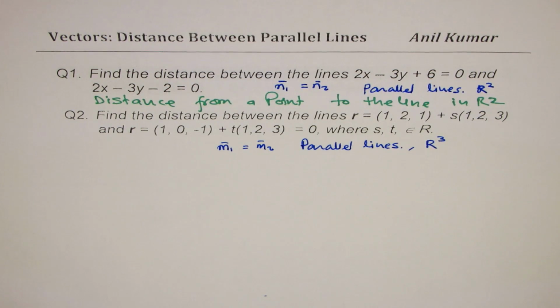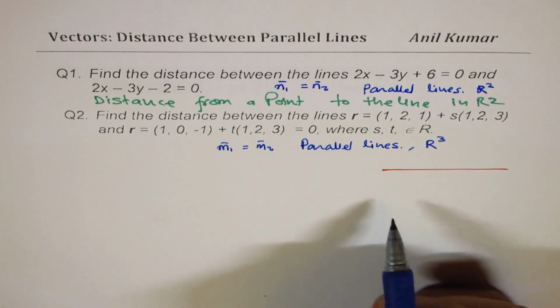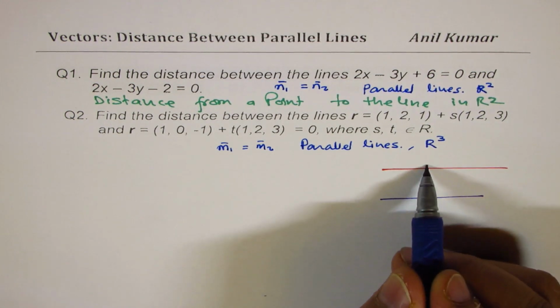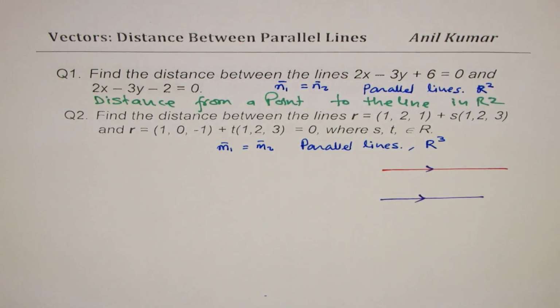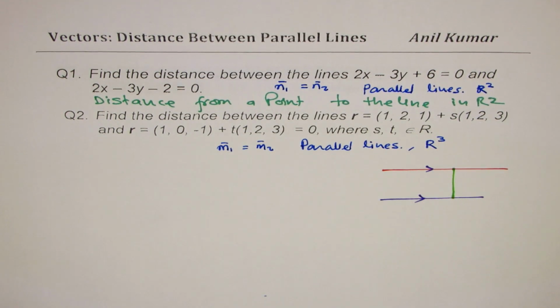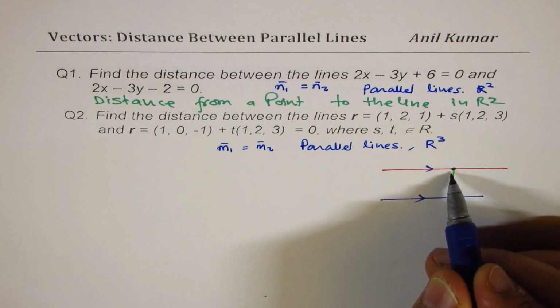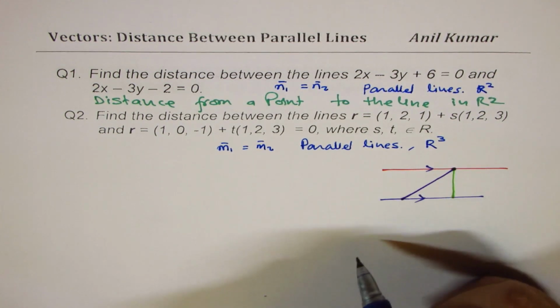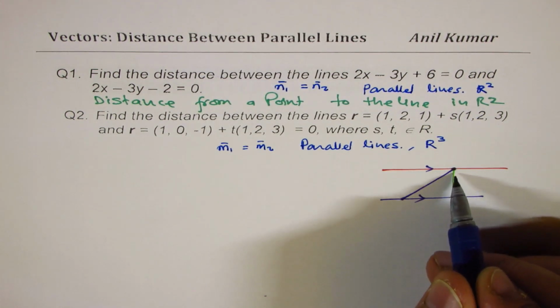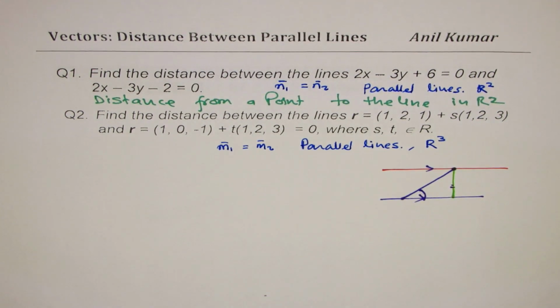So the idea here is that if we have two parallel lines, in that case the distance between them could be found by picking up a point on the line. If you pick up a point on the line and a general point on the other line, then that becomes a triangle to look into to find the distance, right?